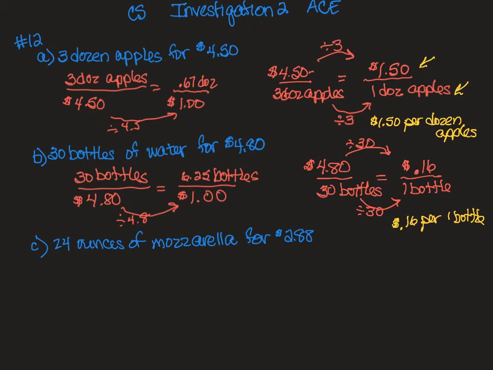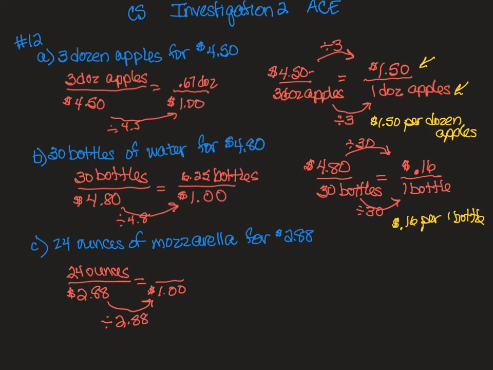Okay, the last one was mozzarella cheese, which is awesome on pizza. So it's 24 ounces of cheese for, let's back up, $2.88. Okay, and I want to get to $1. So to get to $1, I have to divide by 2.88.